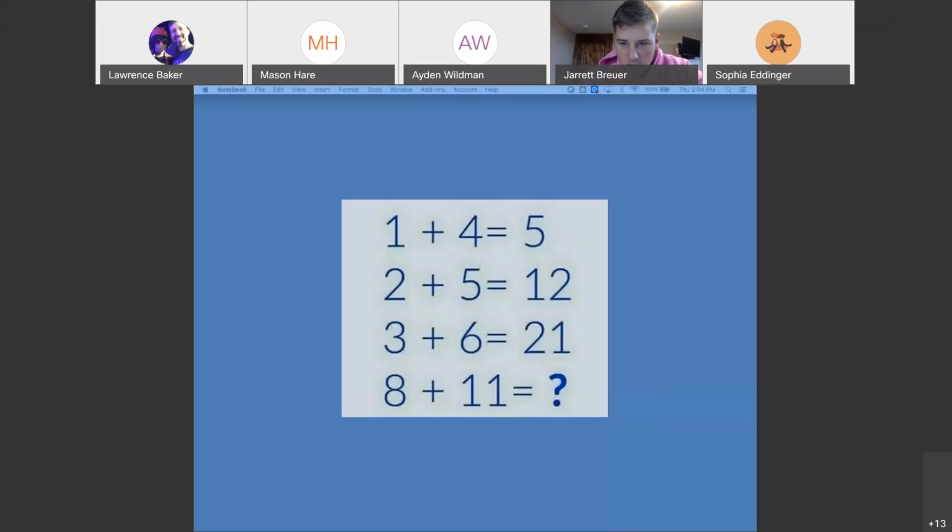I can barely see it. Trying to fix this now. Why is it doing this? It's just been super laggy.